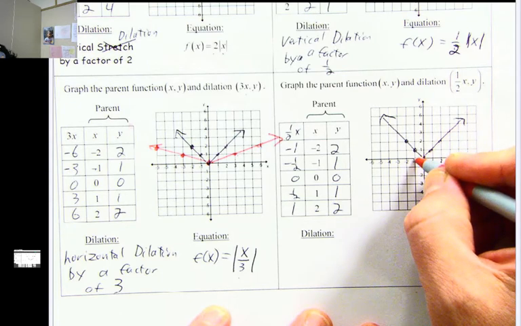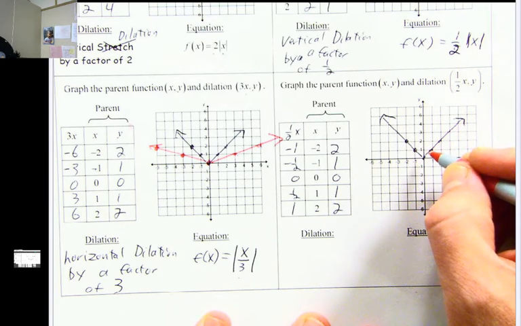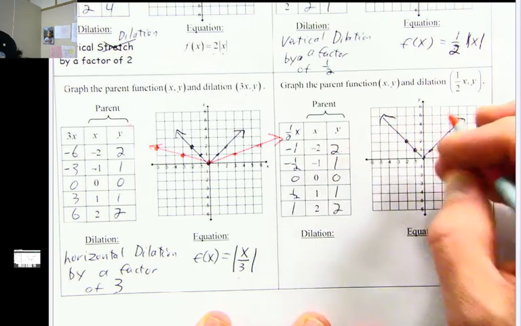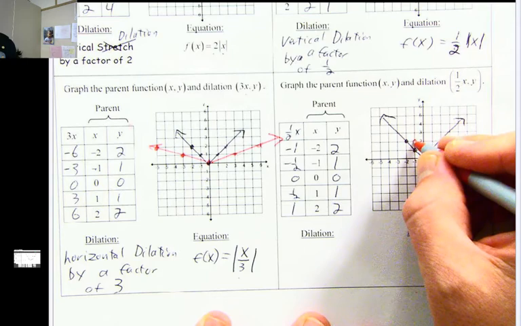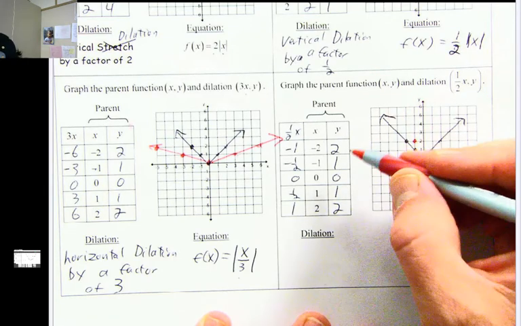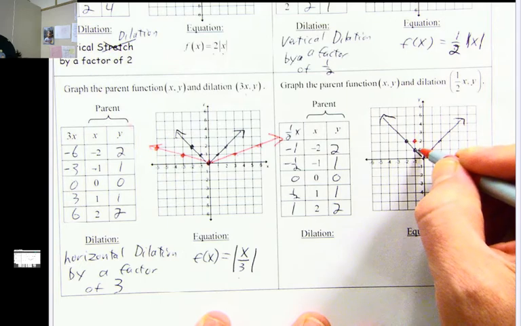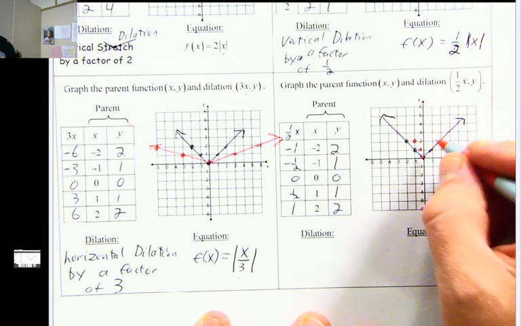I feel like I've made a mistake here. Maybe I haven't made a mistake. -1/2, 1, 0, 0, 1/2, 1, 1, 2.